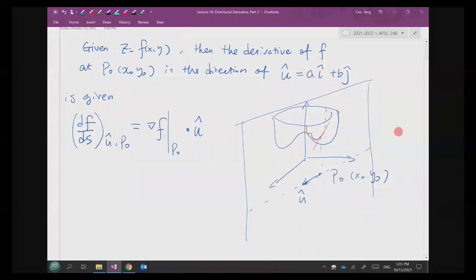We also provided a very brief proof for this formula.